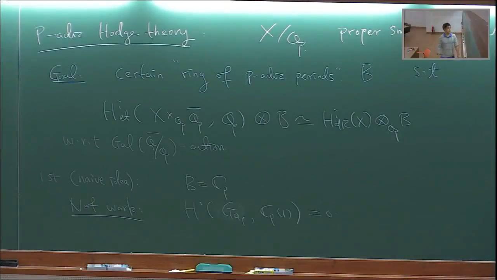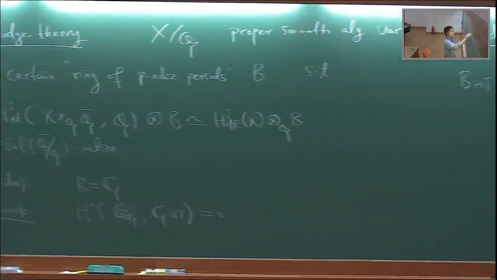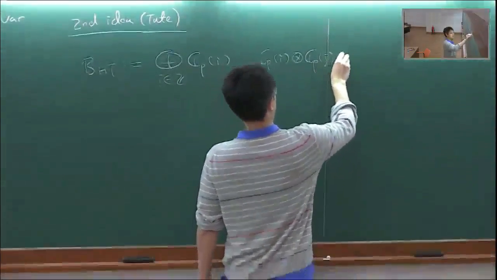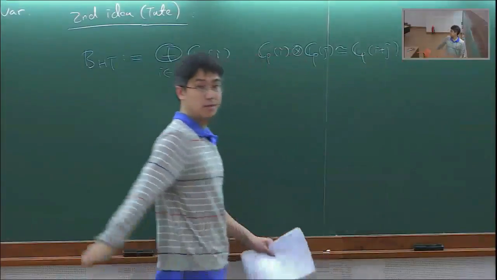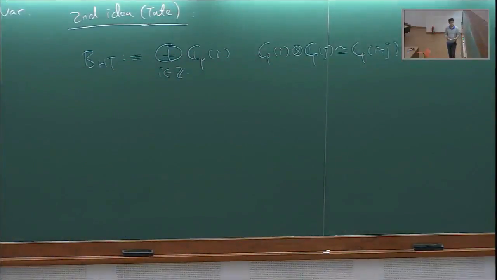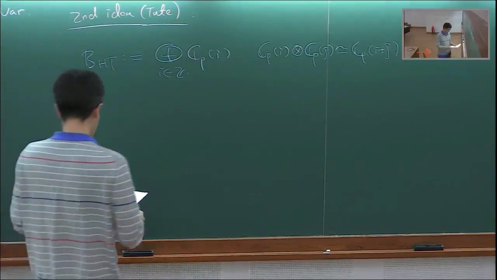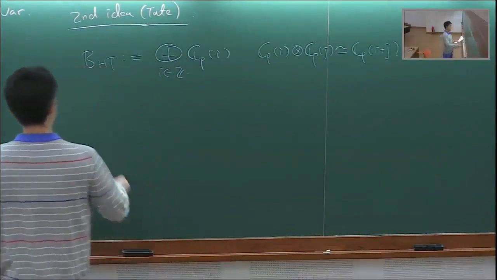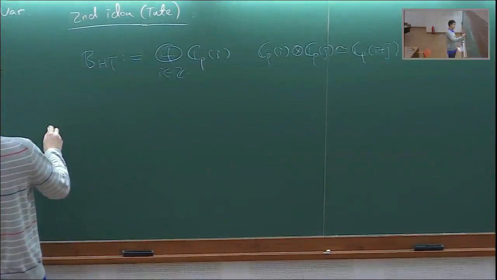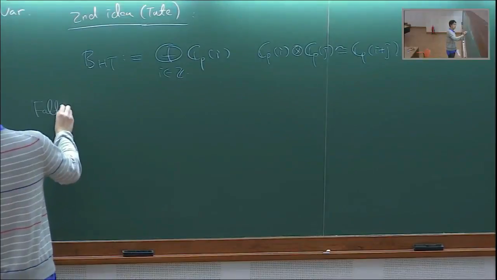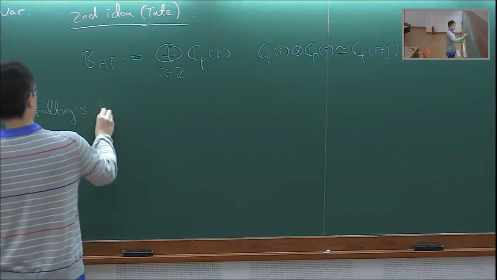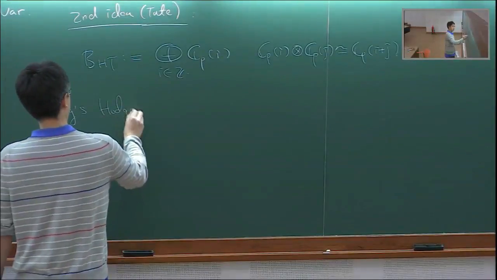This means that when you do the multiplication, C_p(i) tensor C_p(j) is canonically isomorphic to C_p(i+j). And it works in some sense. So then you have Faltings' Hodge-Tate comparison theorem.